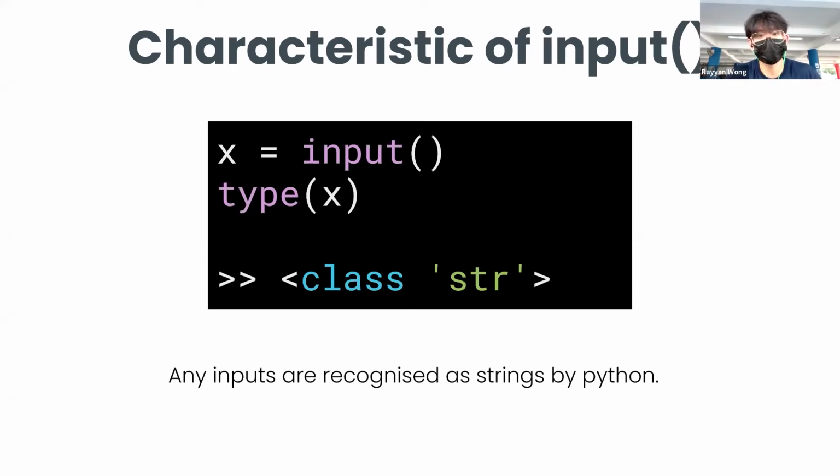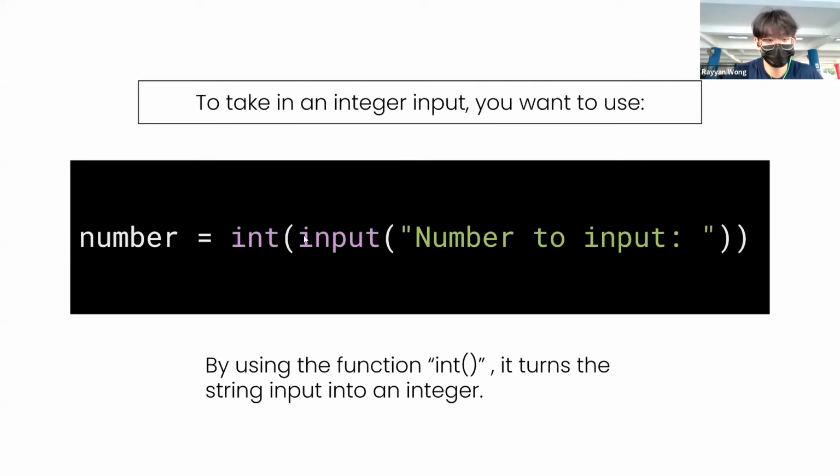So one way that we can get around this is we use this function called int, right? I'll show it to you guys now. So basically, it turns whatever string that has a number inside into an integer. Okay, so when you put int brackets surrounding the input, you will turn whatever number you input into an actual number instead of a string.